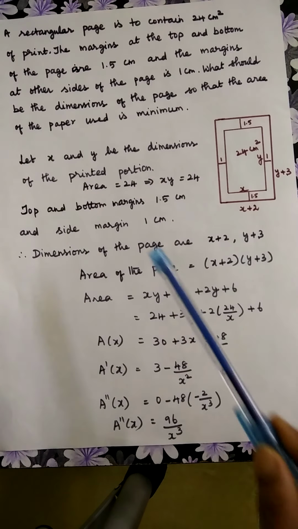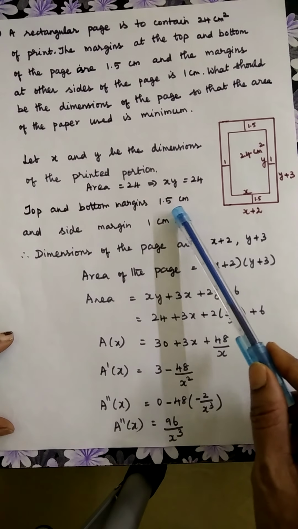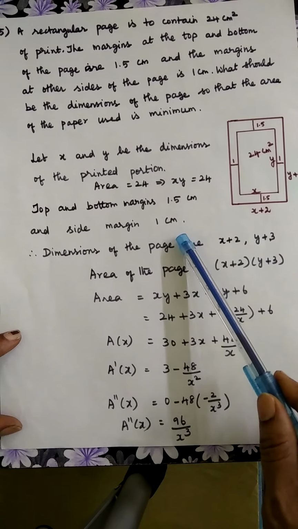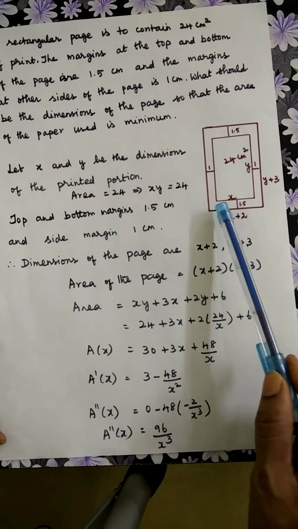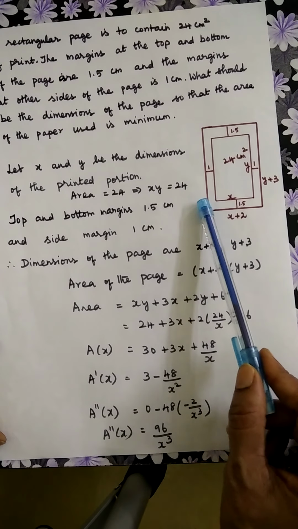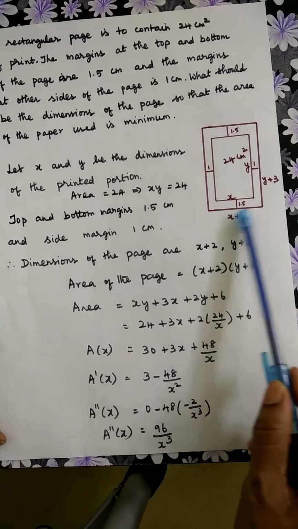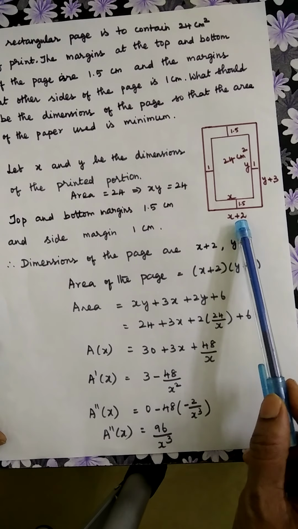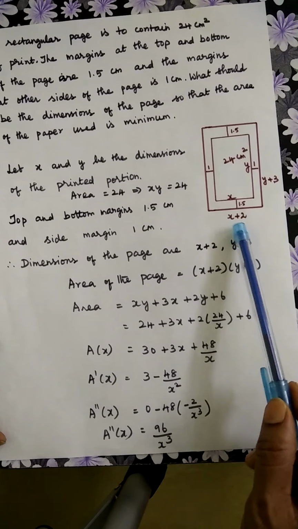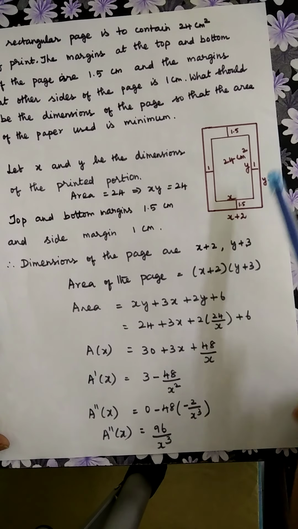Now, top and bottom margins 1.5 centimeter and side margin 1 centimeter. Now, this is x. Side margin, in the side 1, in the side 1. So, for this outer portion, the dimension is x plus 2, 1 plus 1 added, x plus 2.